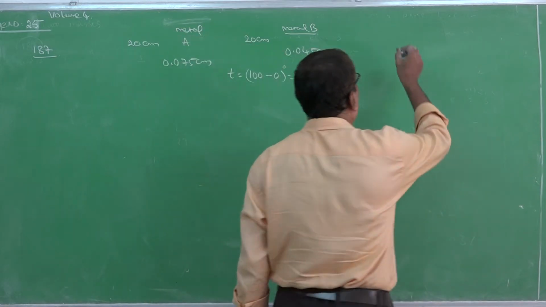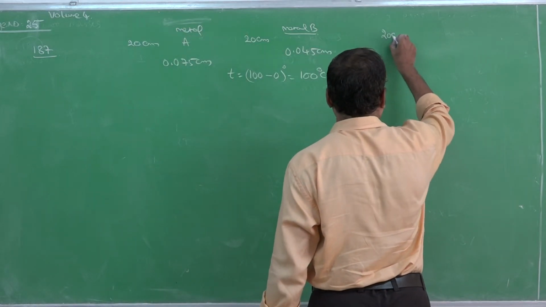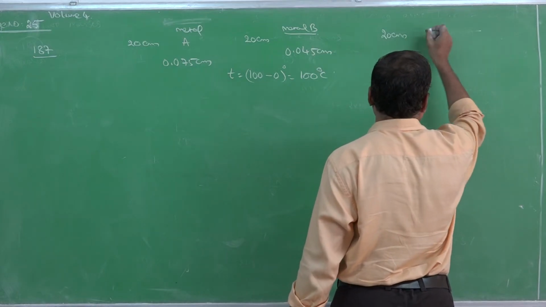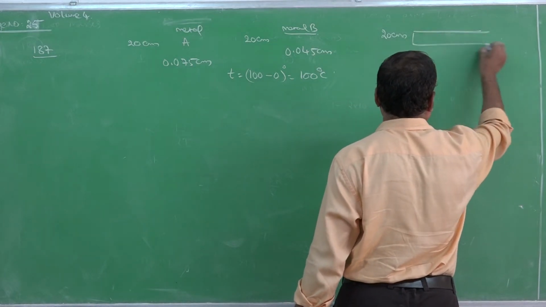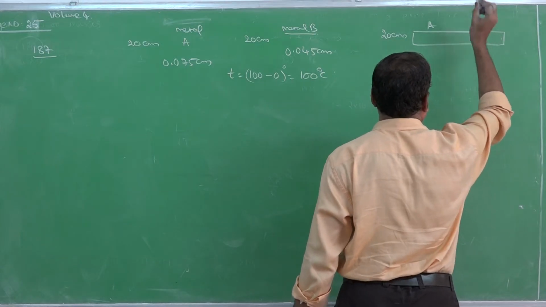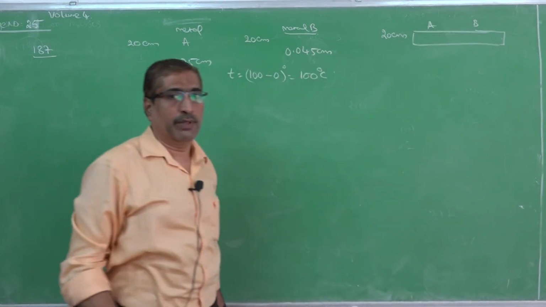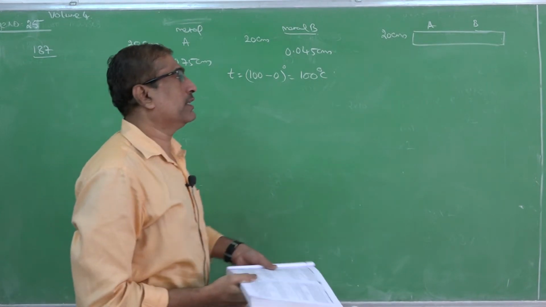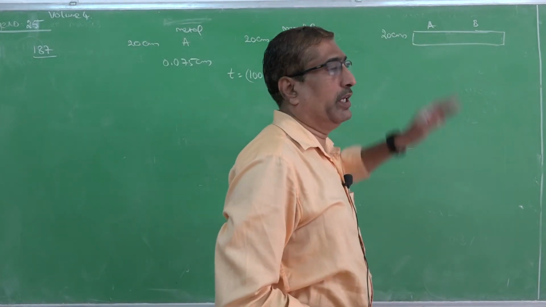Now, another rod of the same length 20 centimeter but composed of two parts, metal A and metal B. One part is of metal A and one part is metal B, but the total length is 20 centimeter only.